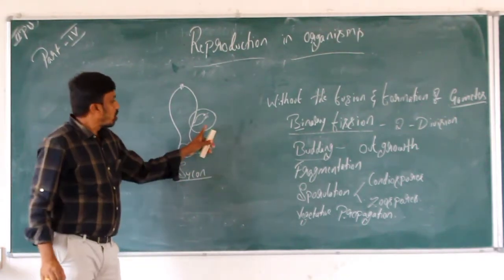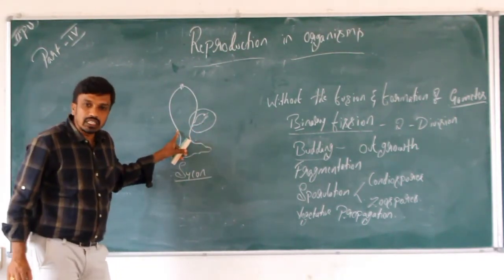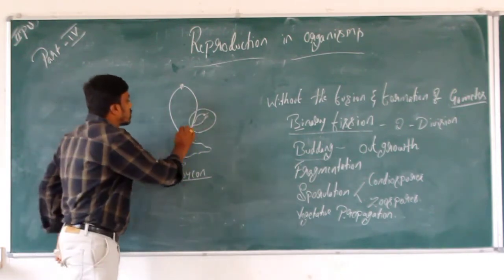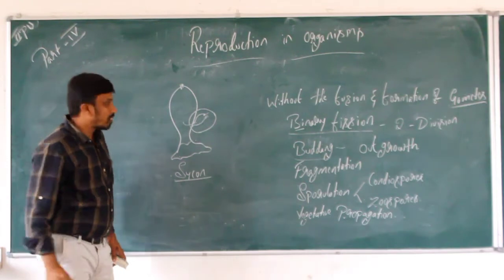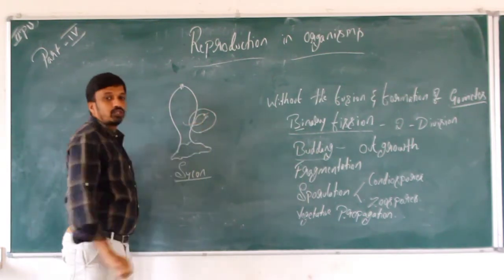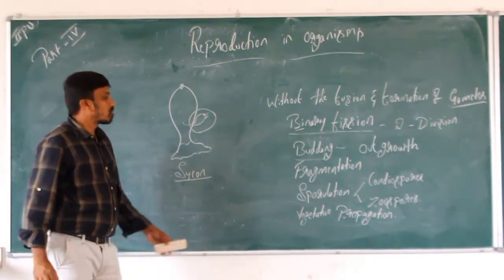There is a small outgrowth on the parent organism which receives the DNA, RNA, proteins, everything from the parent, and later develops into a new individual. This is called budding.